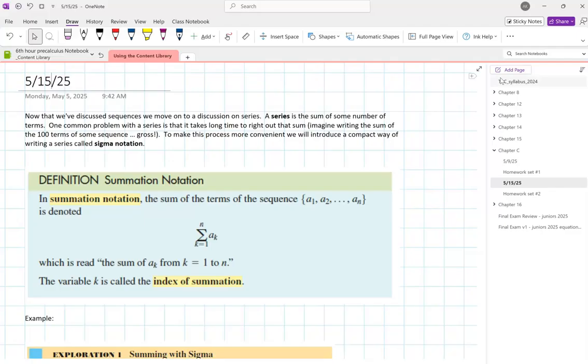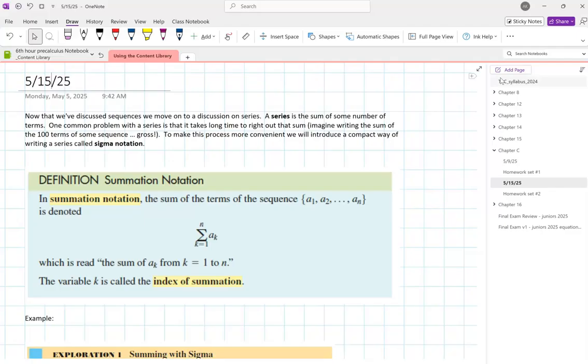So what we've done here is we've created a notation to represent one of these really long addition problems so that we don't have to write out like 100 things added together. That notation is called summation notation or sigma notation.